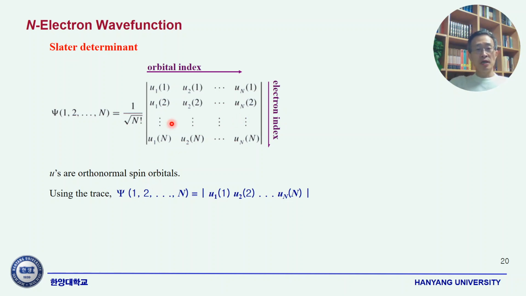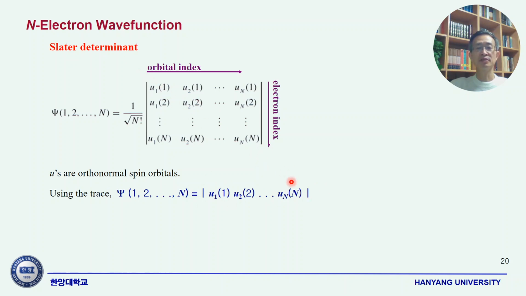This is rather a difficult form to write down or to type. So what people usually do is use a notation for the Slater determinant where they don't put the whole thing, but only put the diagonal elements between vertical bars: u11, u22, unn.